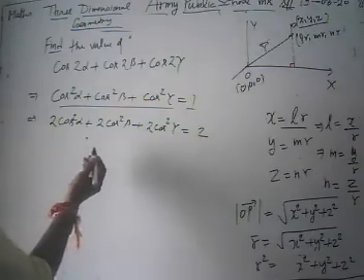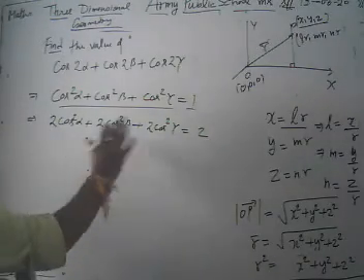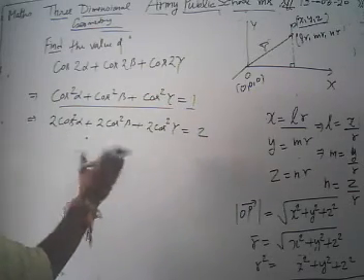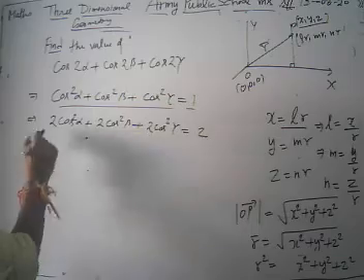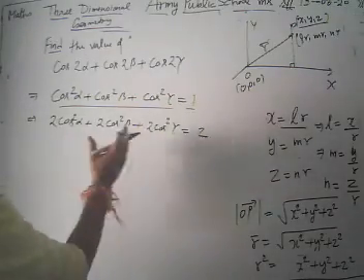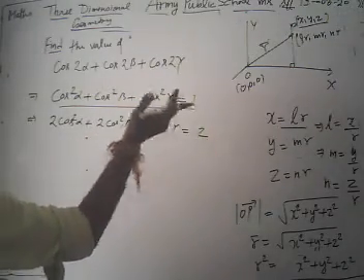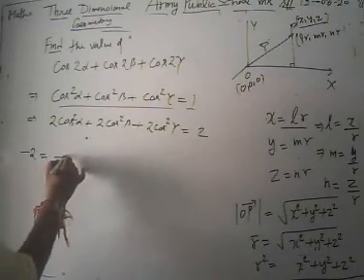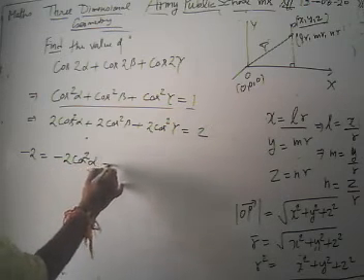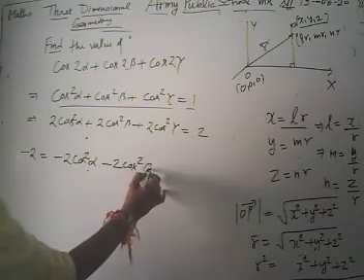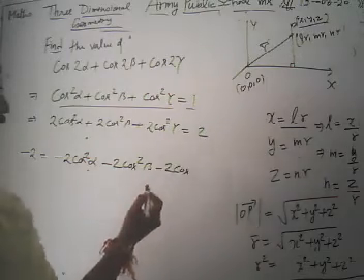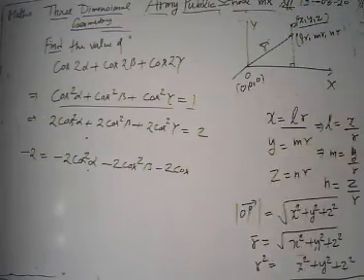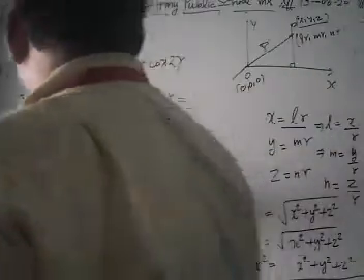We multiplied both sides by 2, using the property cos square plus sine square equal to 1. Now we are going to shift it to the right hand side, taking minus common. Then we have minus 2 equal to minus 2 cos square alpha minus 2 cos square beta minus 2 cos square gamma. Now we can show this, because we need some minus in terms of only sign there.